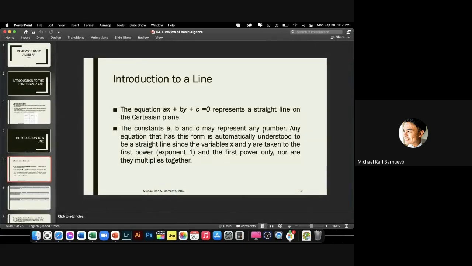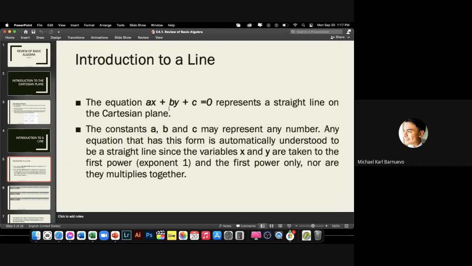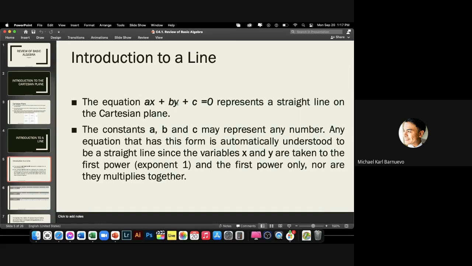Any equation that has this form is automatically understood to be a straight line since the variables x and y are taken to the first power only, nor are they multiplied together. Which means, for this x and y, we will try to substitute a number for either x or y. We will still have the same coordinates on the same line.